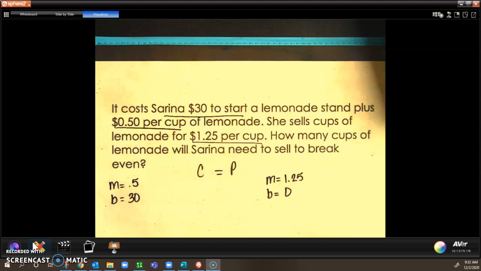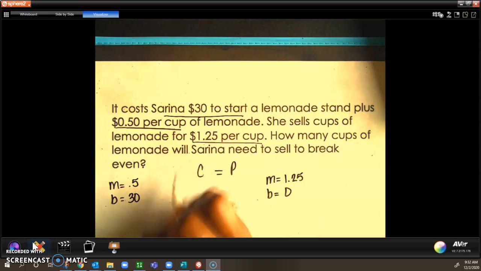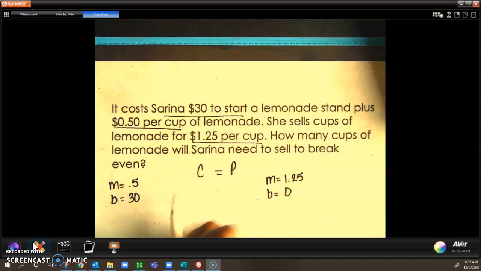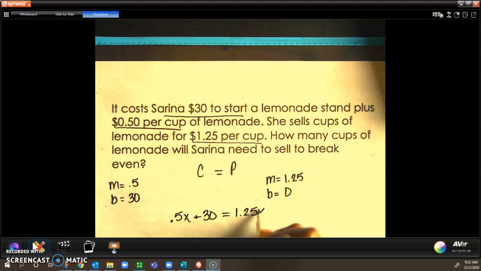The customers don't have to pay anything but $1.25 per cup. So I'm going to set these equal to each other: 0.5x plus 30 is equal to 1.25x. Remember, x represents the number of cups.